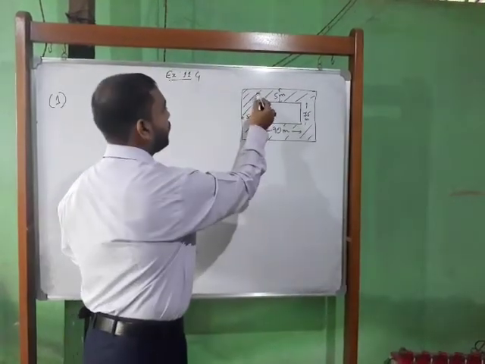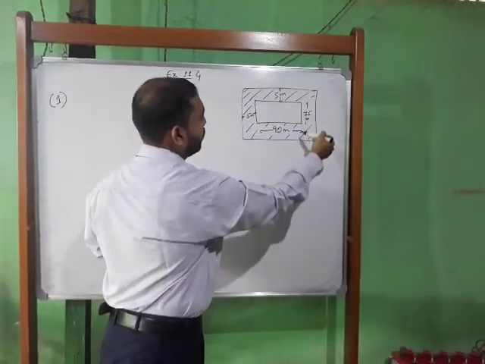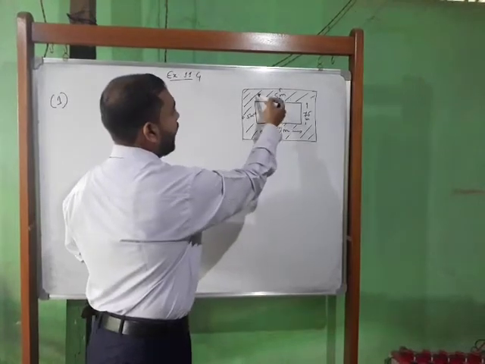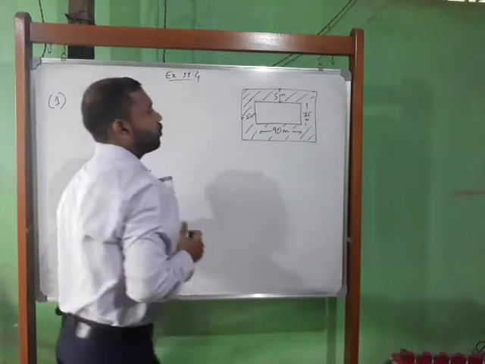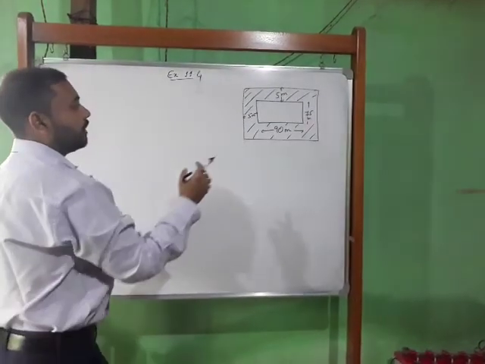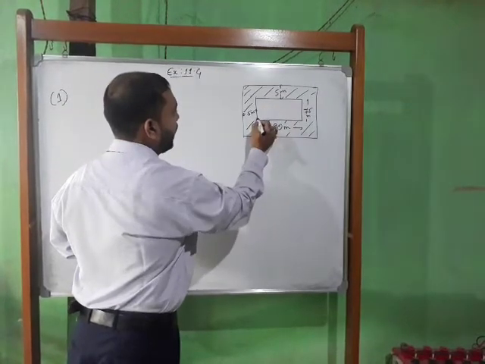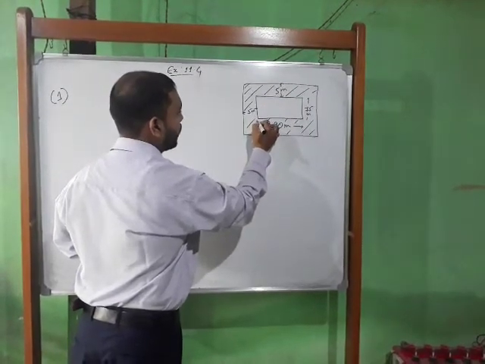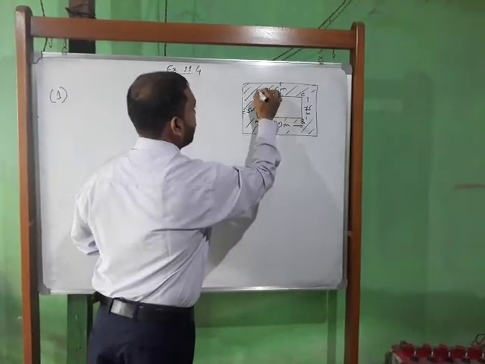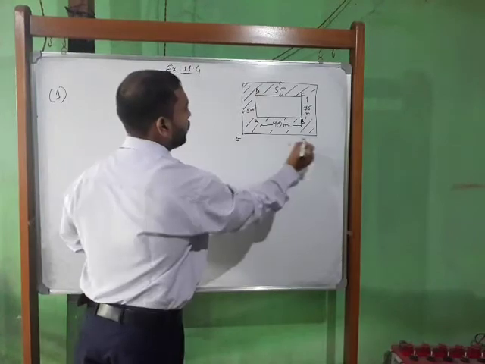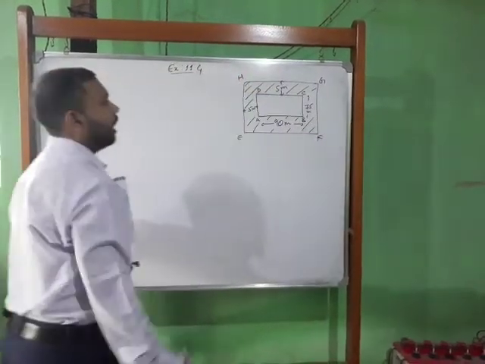So we have to find the area of this path, only this shaded part. Let us proceed. Let us give names so that it will be easy: the inner rectangle ABCD and the outer one EFGH.